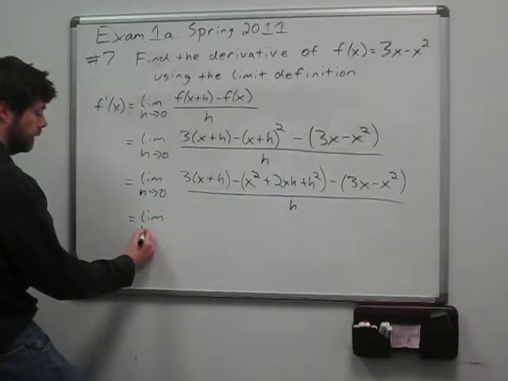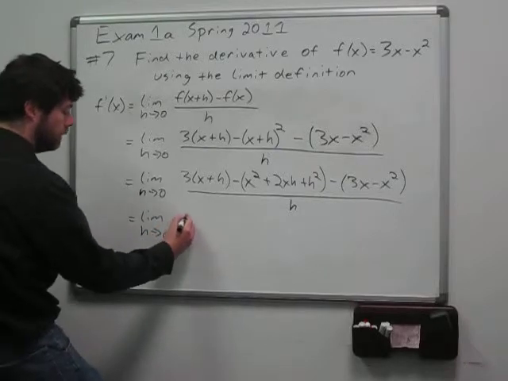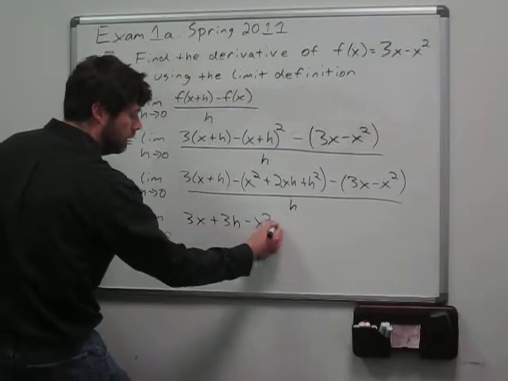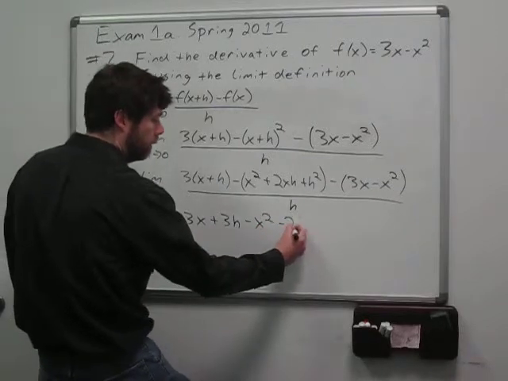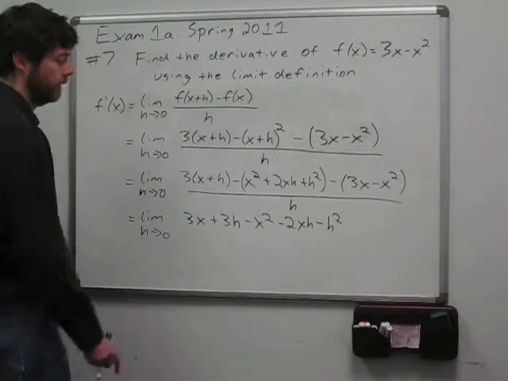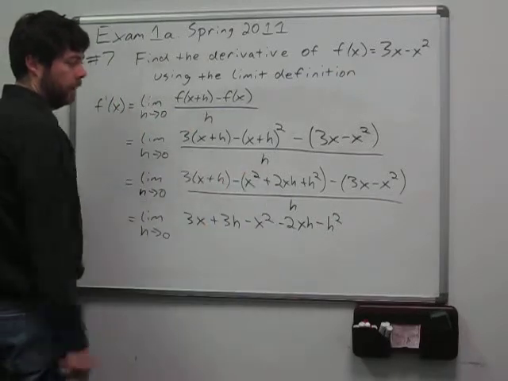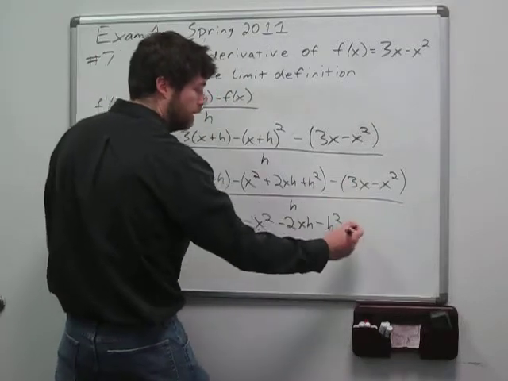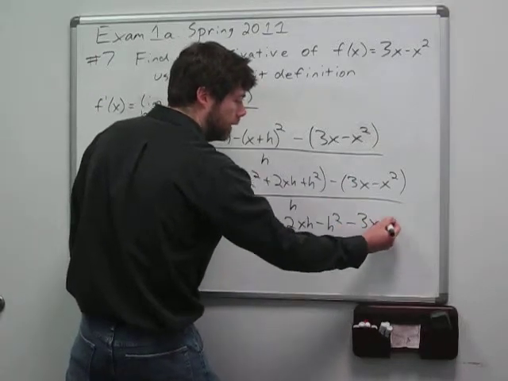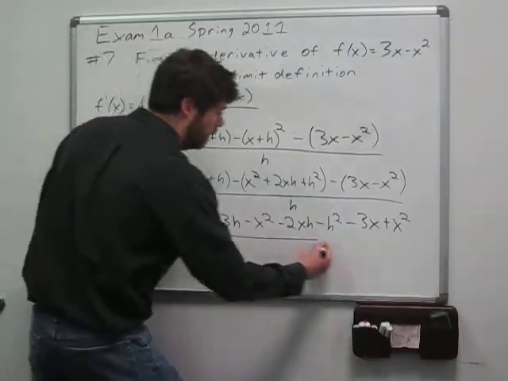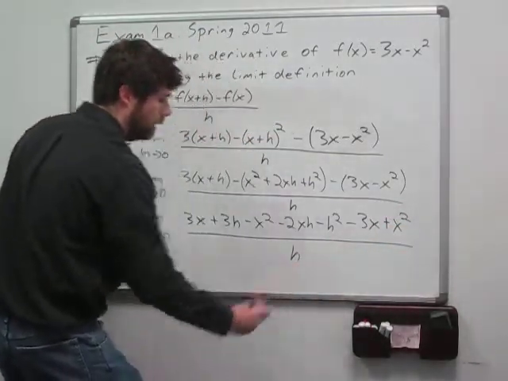So this is the limit as h approaches 0, 3x plus 3h minus x squared minus 2xh minus h squared, distributing negative 1 over all those terms. And then in this case, distributing negative 1 again, negative 3x plus x squared all over h.